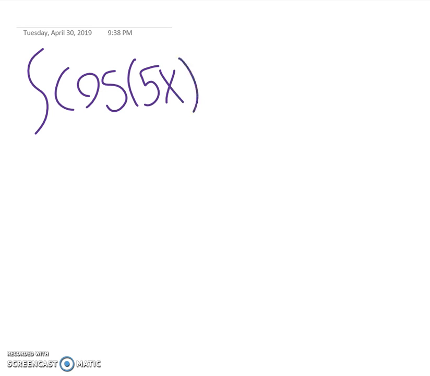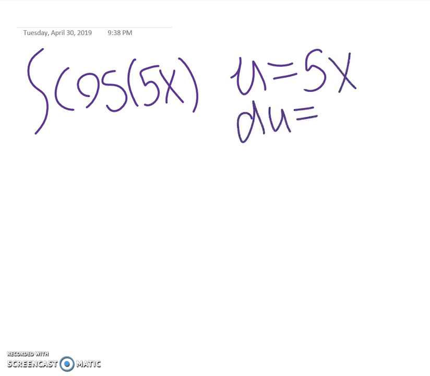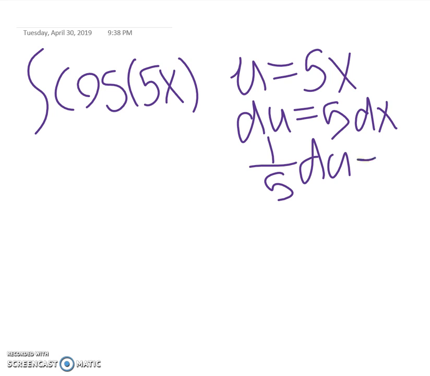We're undoing the chain rule with u substitution. So our u, because that's the inside function, is going to be 5x, and then du is going to equal 5 dx, and then 1/5 du is going to equal dx. We bring constants over to the du side, and we keep x's on the dx side.